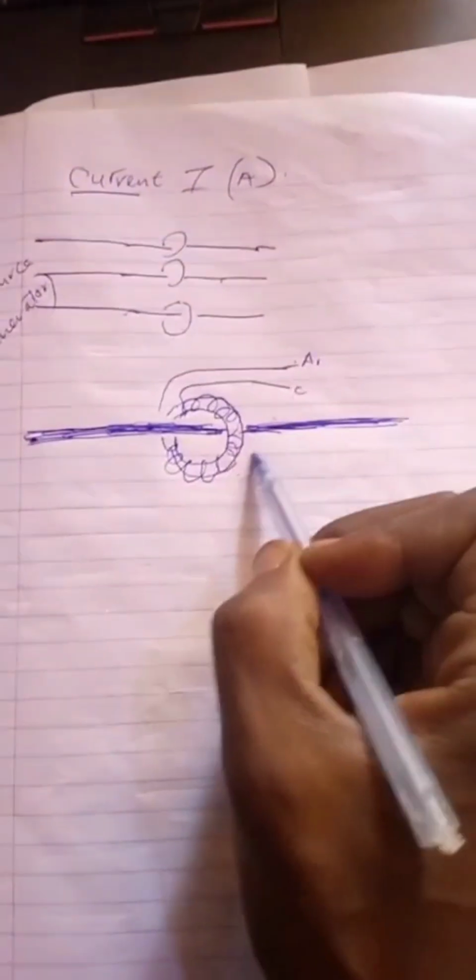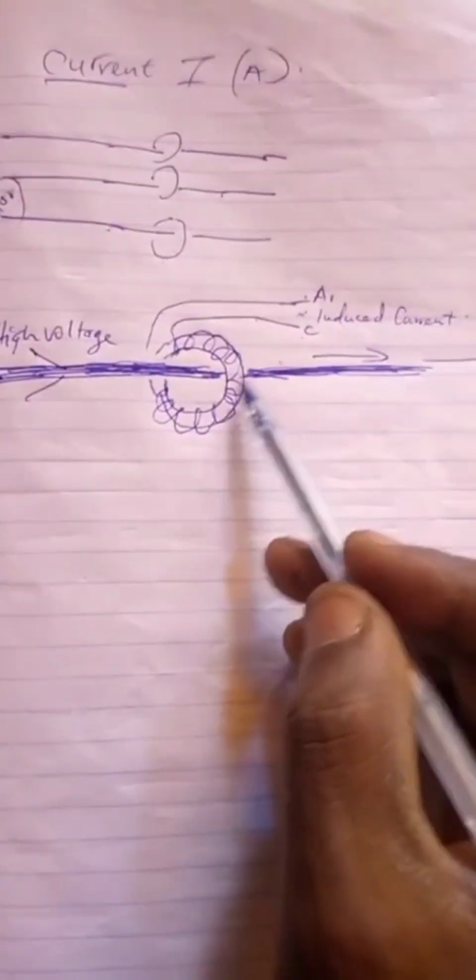This means the current that flows through this conductor is induced into this transformer, and a voltage will be induced in the current like this. So if we have our power flow, high voltage, and it comes out through this, there will be induced current in this.